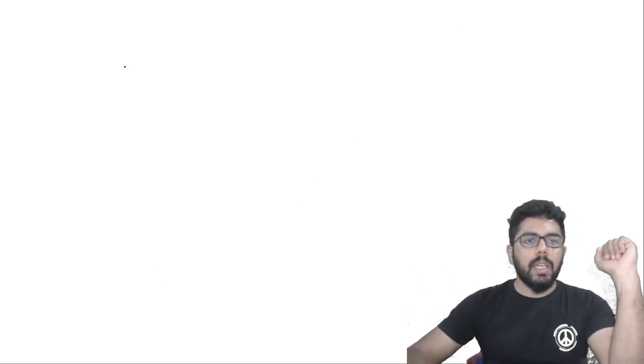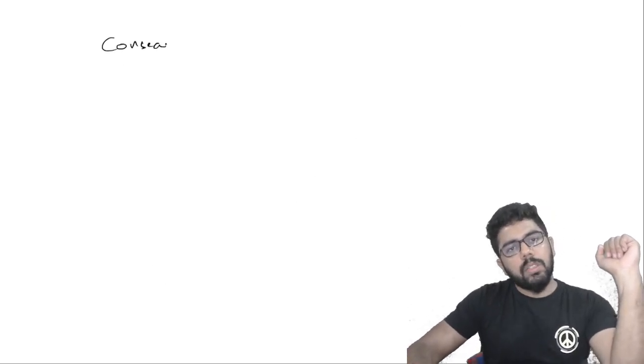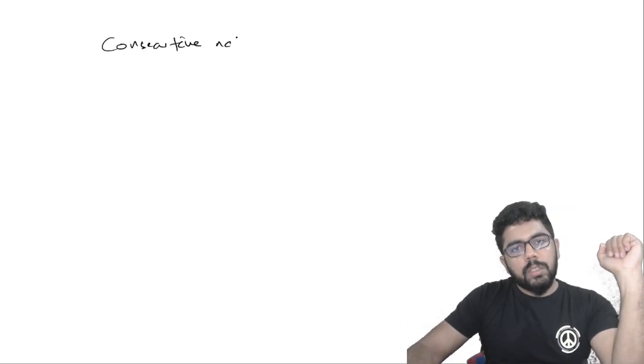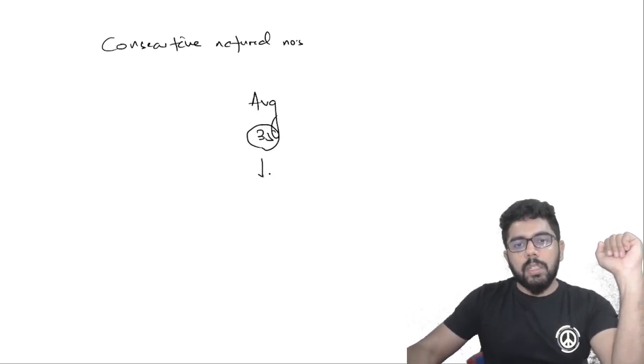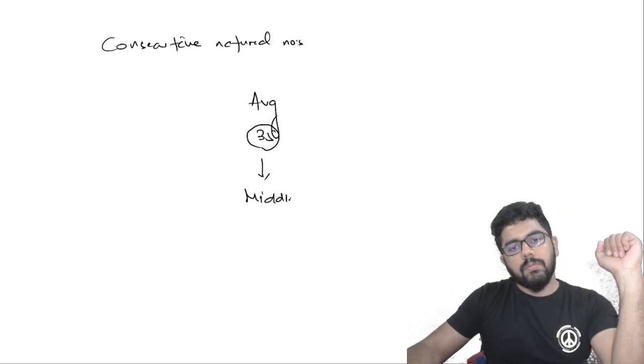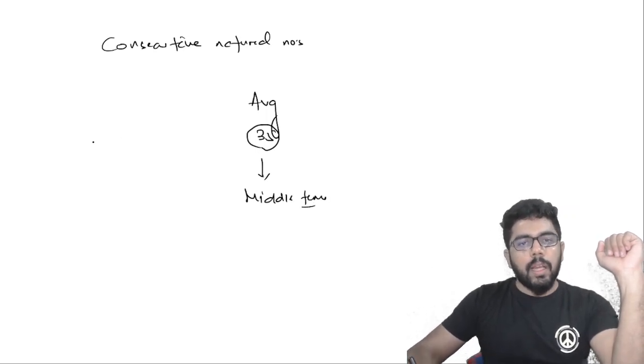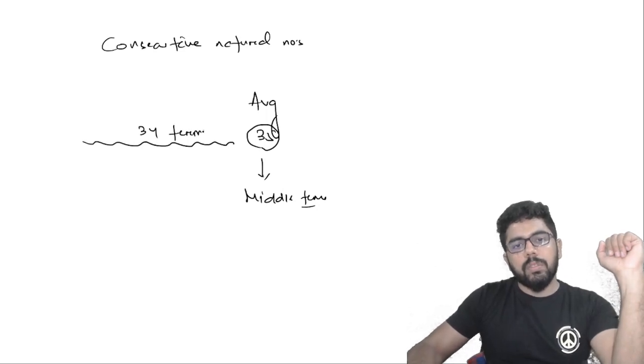Think about this. You are taking consecutive natural numbers, and their average is 35. That means this is like the middle term. And because you are starting with 1, there are 34 terms before 35.